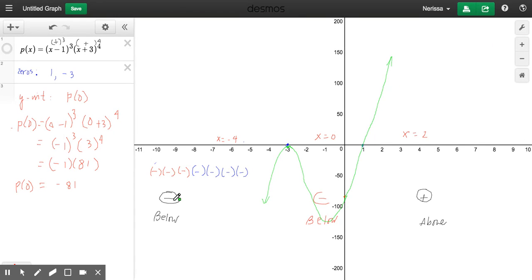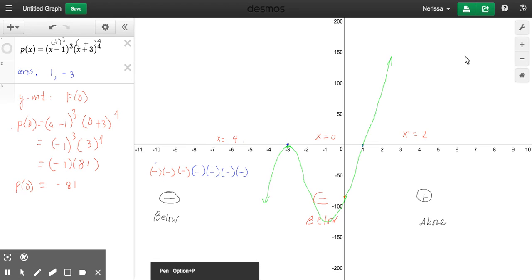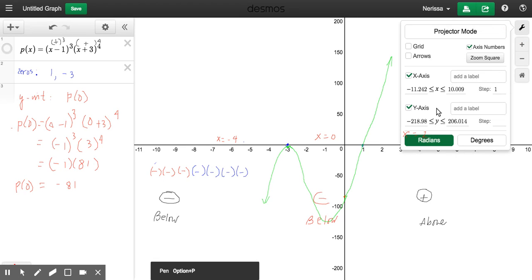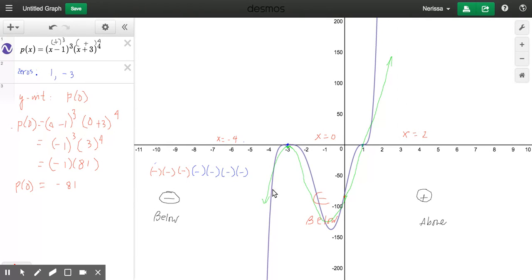Now let's check if our graph is correct. All right, there it is. So we have the same location below, and then above. Now notice here that it did not cross the x-axis in a straight path.